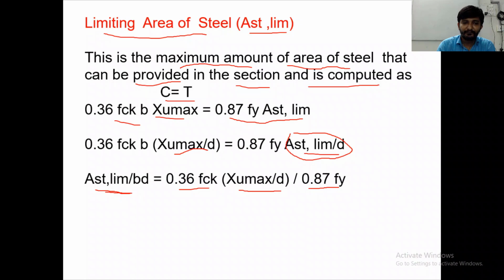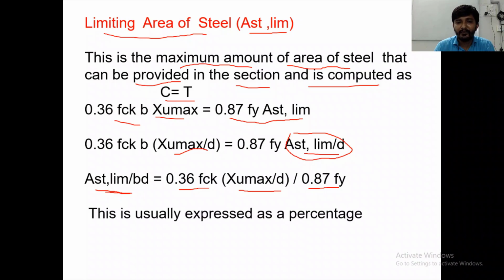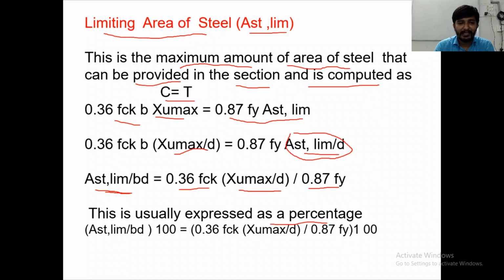Now this is usually expressed in terms of percentage. So Ast limiting divided by bd multiplied by 100 is equal to 0.36 fck Xu max by d divided by 0.87 fy multiplied by 100. If we want to convert this into percentage, we multiply it by 100 on both the sides.